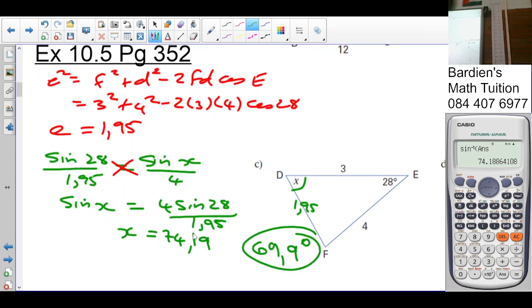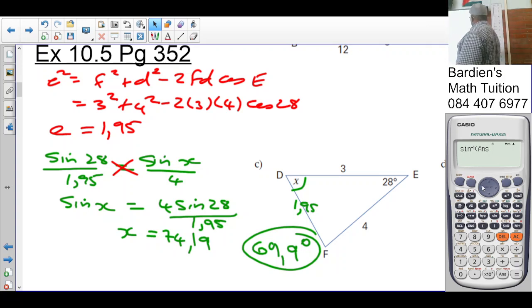But because the lengths are small, 3, 4 and 1,9, they are fairly close, in other words. So they used 1,95? No. They used 2.